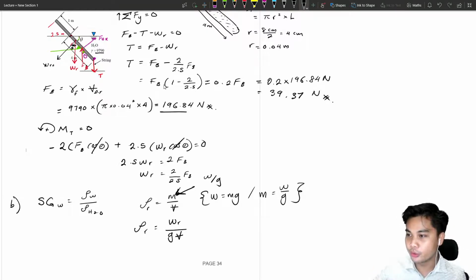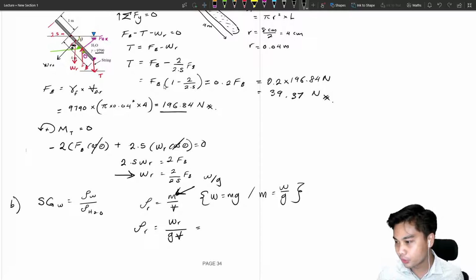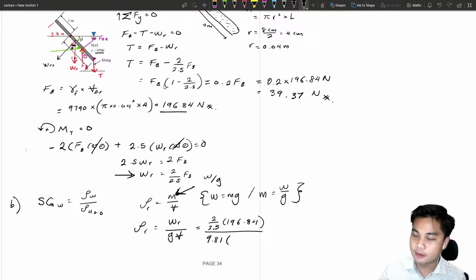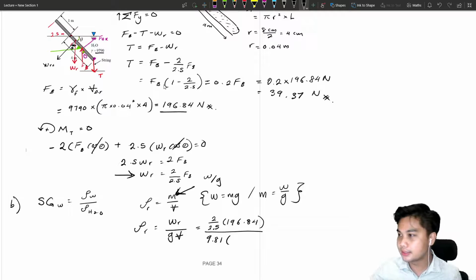So what is the weight of the rod? This one we discovered, which is 2 over 2.5 multiplied with the FB, which is 196.84, over gravity 9.81, multiplied with the total volume, which is pi. We need to find the cross-sectional area of this, and then multiply with the whole length, which is 5 meters.